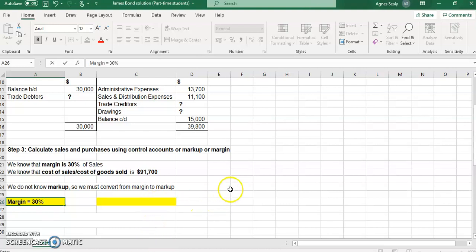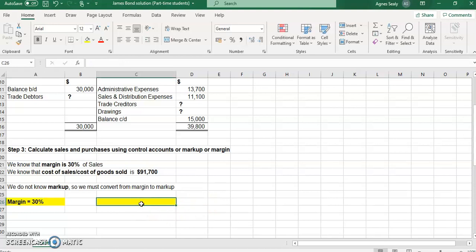Based on what we stated previously in our introductory video, if you want to convert from a margin to a markup, you put the 30% over 100 and subtract that same 30%. So the markup will be equal to 30 divided by 100 minus 30.